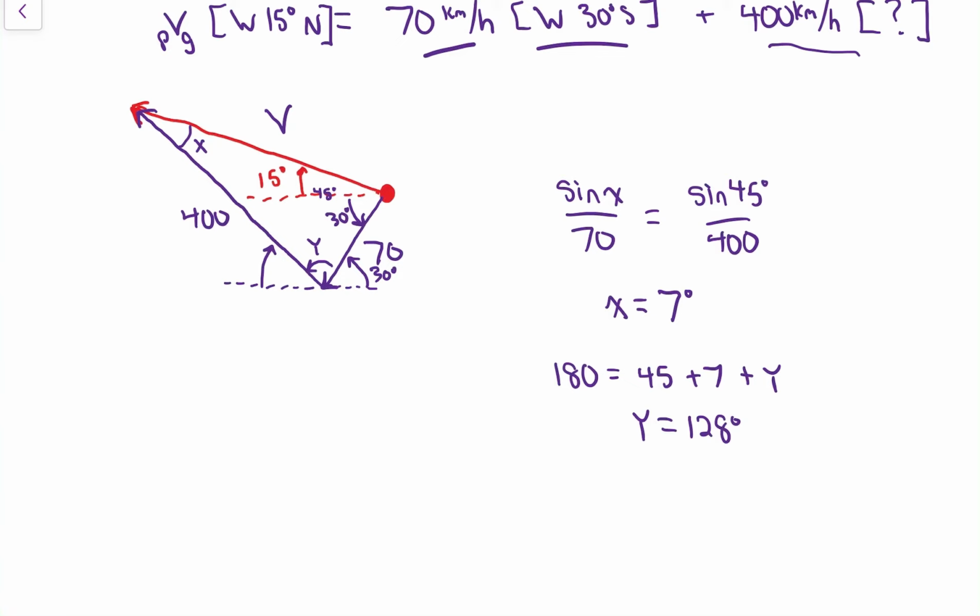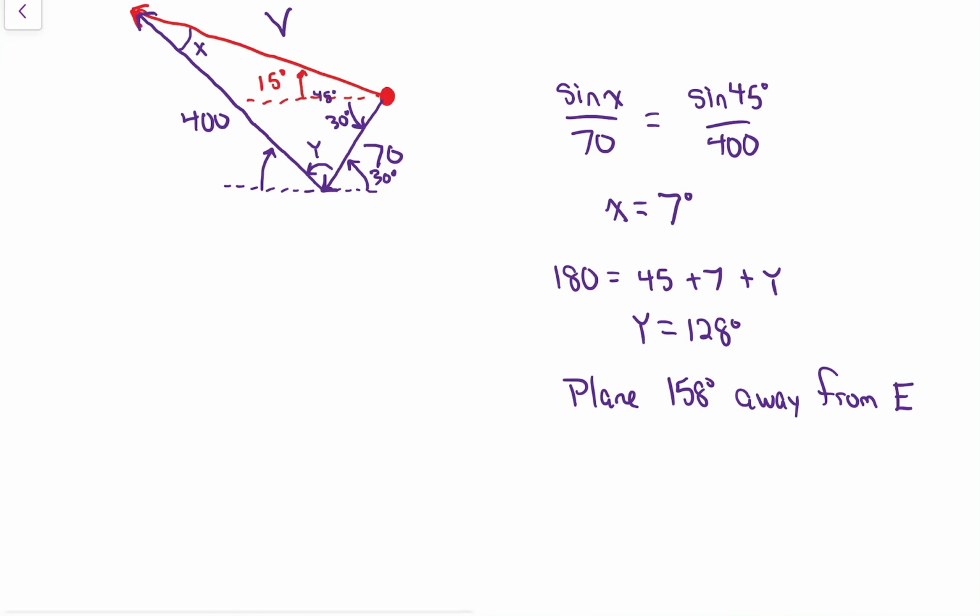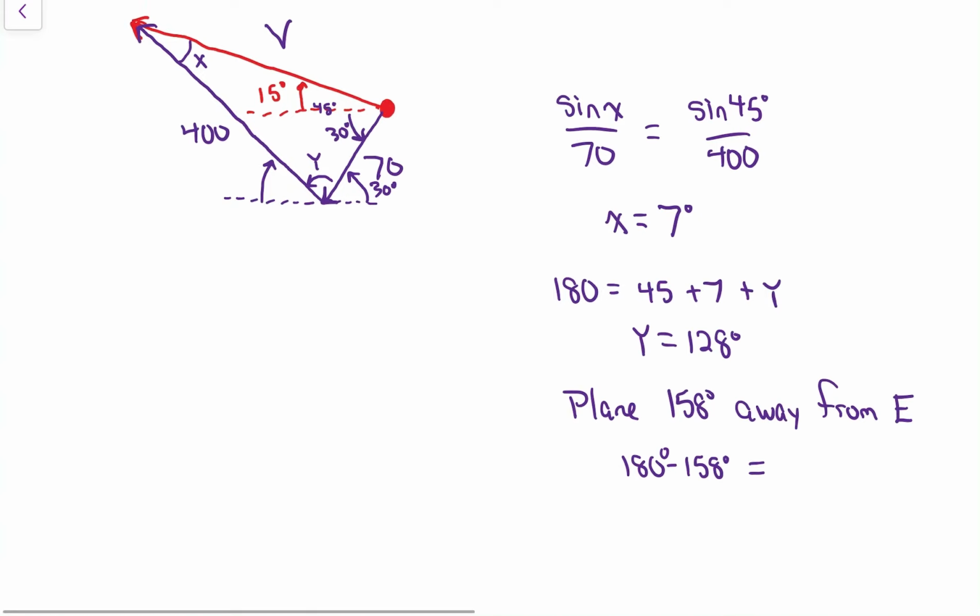So really, I know that the plane is the 30 plus the 128, so that's 158 degrees away from east. That's a funny way to describe an angle. Instead of saying 158 degrees away from east, if I do one more subtraction, 180 degrees minus the 158 degrees, that means we're 22 degrees away from straight east.